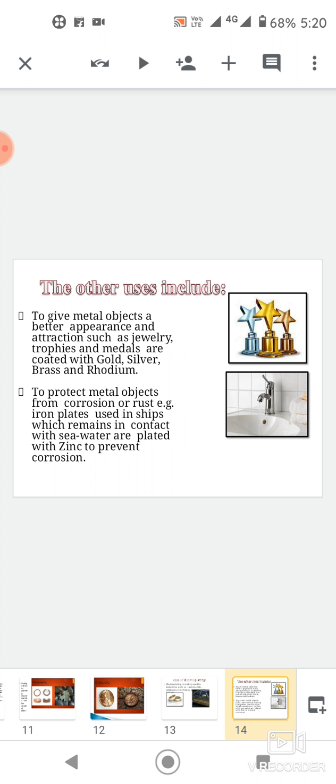To protect metal objects from corrosion or rust, for example, iron plates used in ships which remain in contact with seawater are plated with zinc to prevent corrosion.